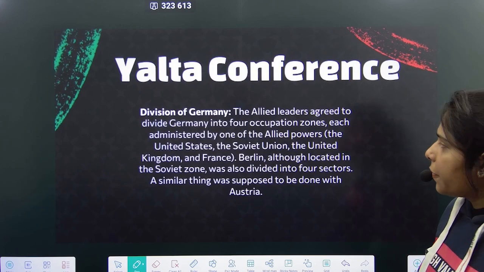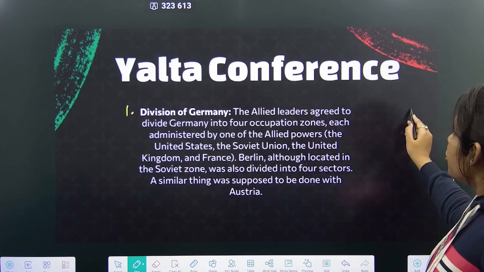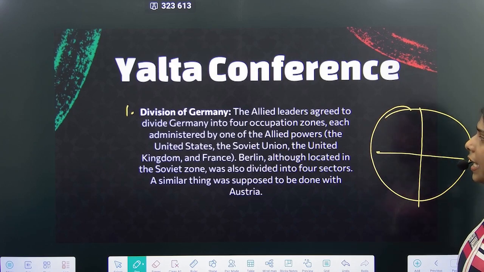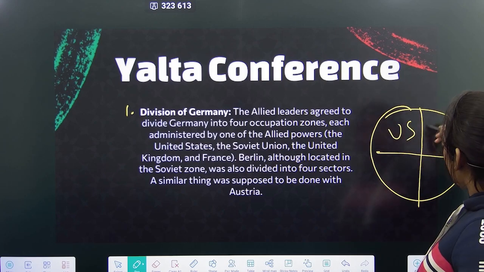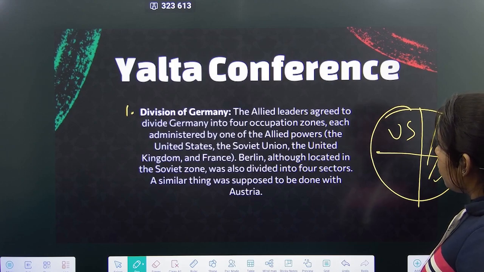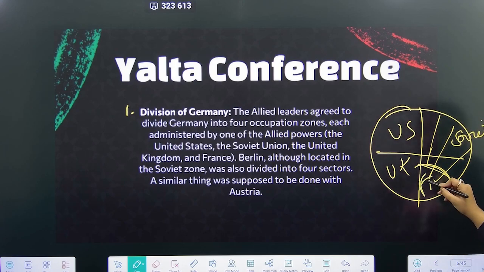Number one, the first decision was the division of Germany. I already told you that Germany was supposed to be divided into 4 blocks, 4 occupation zones, each to be administered by the US, the Soviet Union, whose zone was actually the major area, the UK, and France.